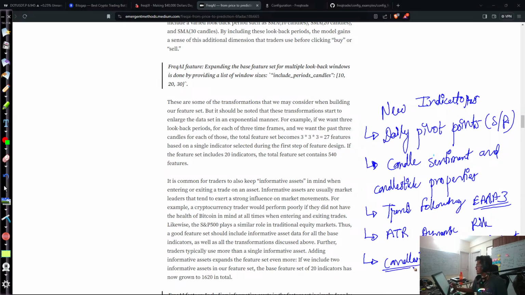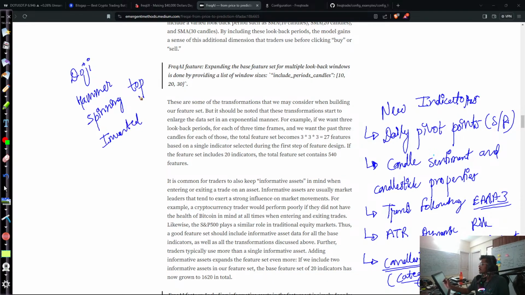But with these candlestick patterns, what I want to do is make them categorical. What I mean by that is, this doji candle, hammer, spinning top, inverted hammer, gravestone doji, all this stuff.